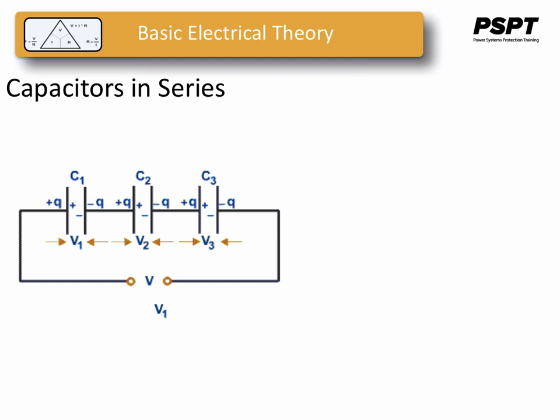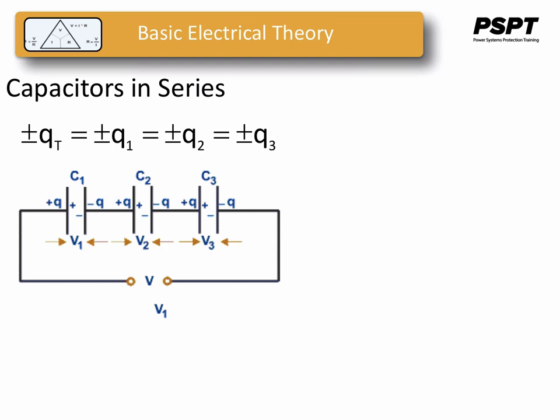So if we define a term for the total charge across the three capacitors, it is given by the positive charge on the C1 plate and the negative Q on the C3 plate, so that we might say QT is going to be equal to Q1, Q2, and Q3.